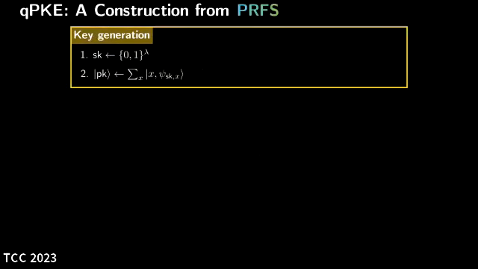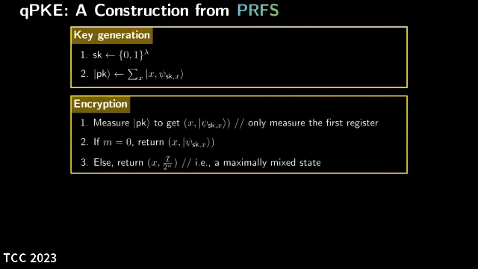And the construction from PIFS, the one that I present here, follows the same method. For the key generation, you also generate the secret key for the PIFS, and the public key again is just a uniform superposition of the PIFS. And for the encryption, now instead of measuring the whole public key, we only measure the first register, the X register, to get a classical string X. After the measurement, the public key just collapses to the state psi SKX.